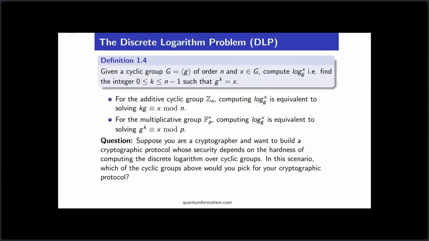I definitely recommend you go through the exercises, so you get familiar with computing discrete logarithms and get a clue about how hard it is in the additive versus the multiplicative group.